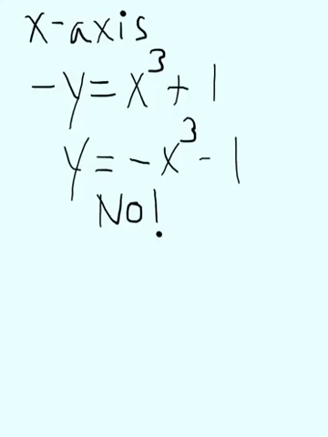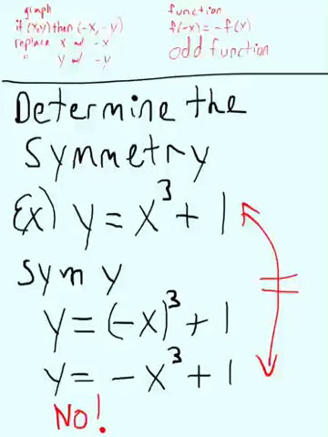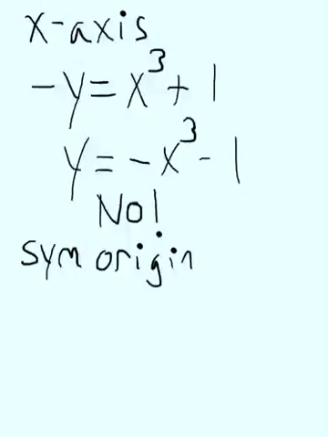That leaves us with one other type of symmetry to check. Is it symmetric about the origin? Well, to test symmetry about the origin, we would need to take our original equation, which again is y equals x cubed plus 1. And we go in and replace both x and y with a negative of itself.